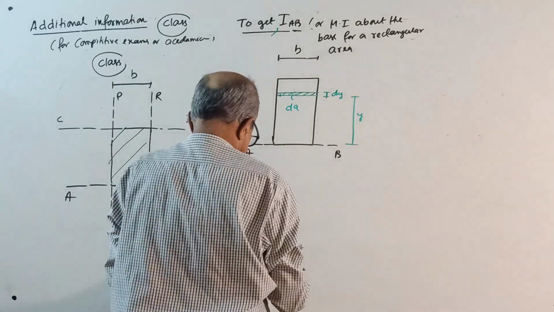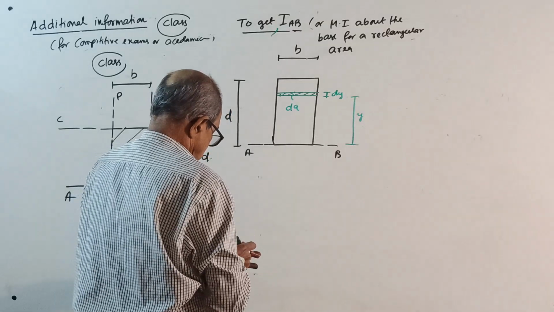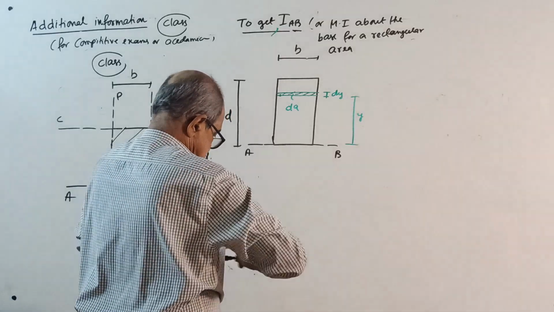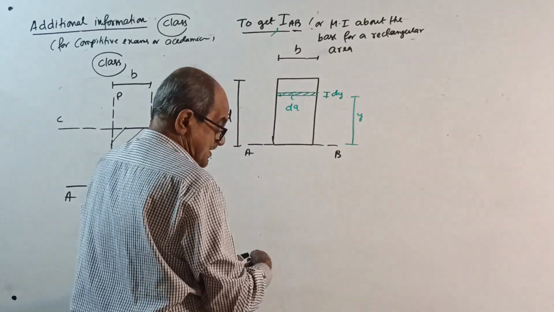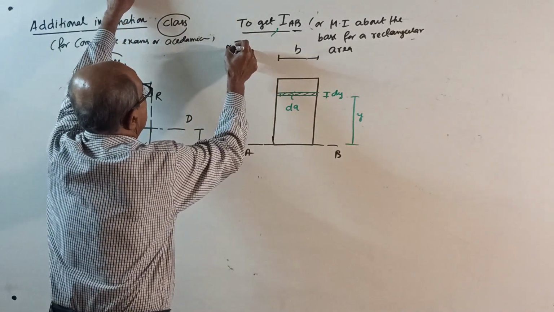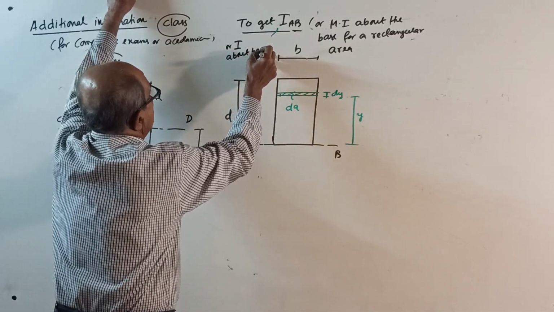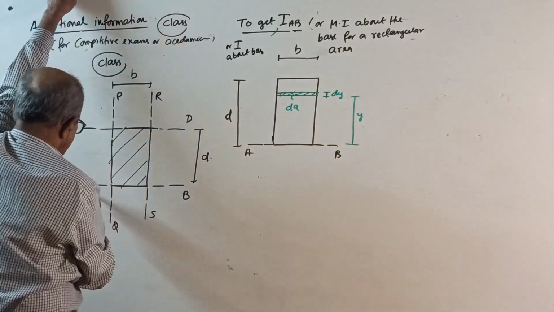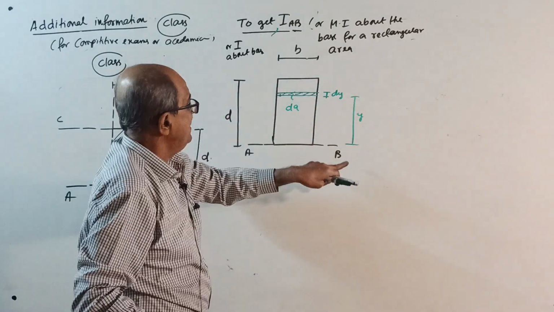Some people use the word base, it is more clear for everybody. So I will take about AB: moment of inertia about the base for rectangular area AB.